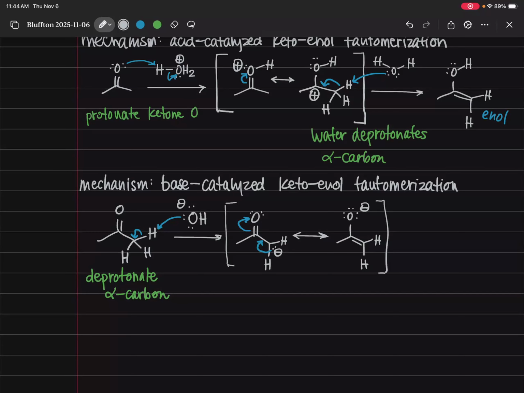So now we've got an O minus, and so we can do the first step of the acid catalyzed mechanism, second in the base catalyzed mechanism, and that is to protonate it.